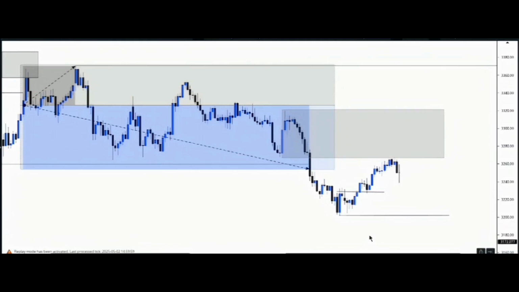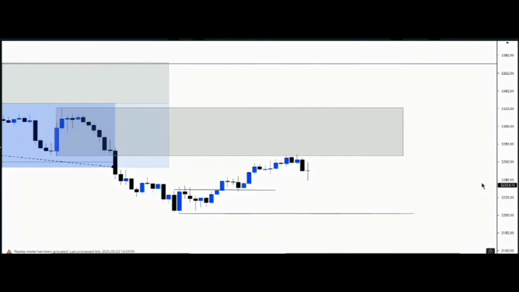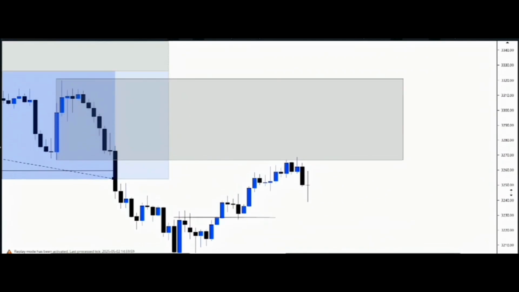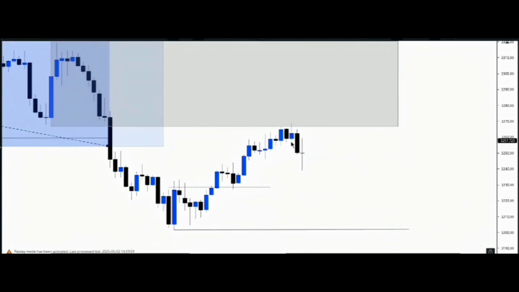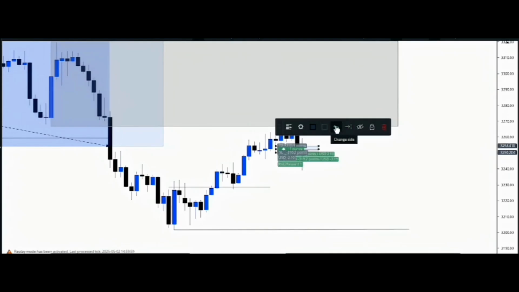Okay, so price has come into this our zone right now and has given us a clean candle pattern to go short, as you can see right here, a clean one. So we can enter our trade on this candle. Immediately this candle closes, we enter our trade to go short.